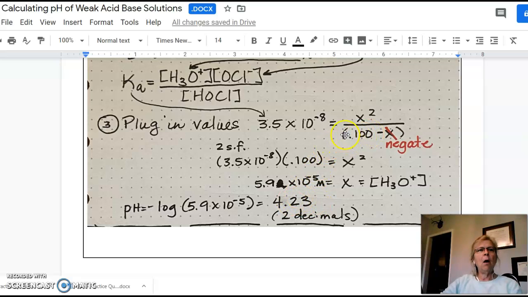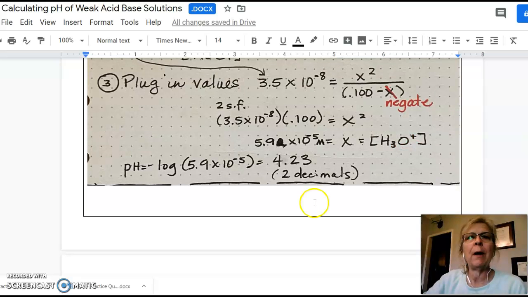Mrs. Sher made a mistake. 0.100 is 3 significant figures. That means our decimal places here should have been 3 as well. So keep that in mind when you're doing these. The number of significant figures in the original concentration should be equal to the number of decimal places in the outcome, or the pH. All right, so one example of me doing something just a little bit incorrectly there.